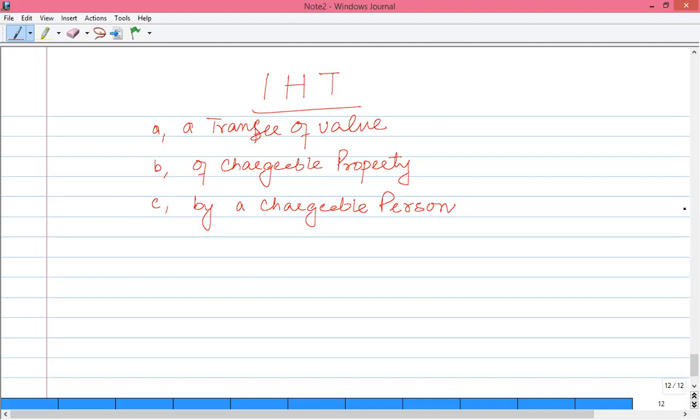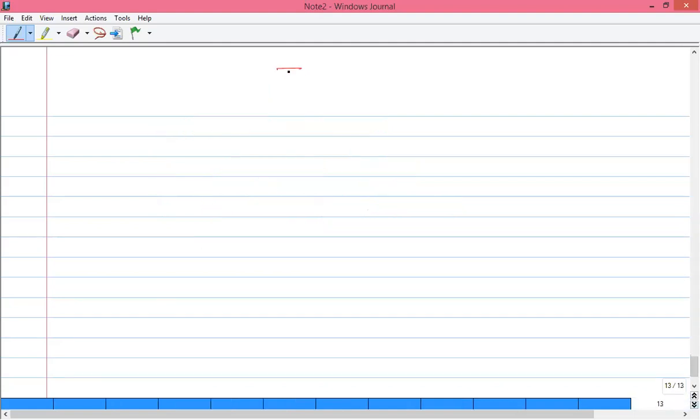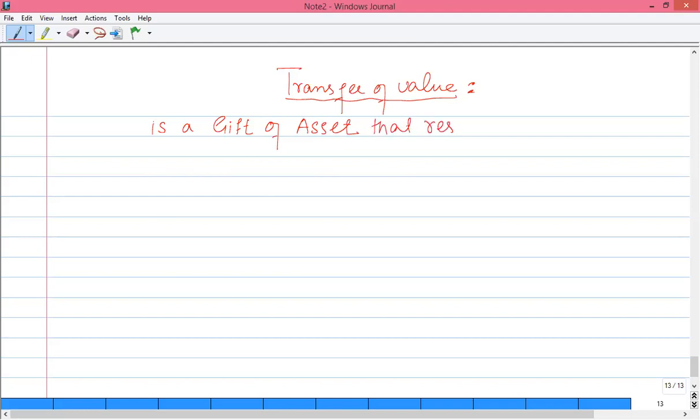Now, what do you mean by transfer of value? Transfer of value means a gift of asset that results in a reduction in the value of the donor's estate.